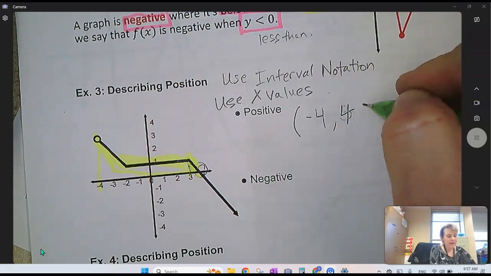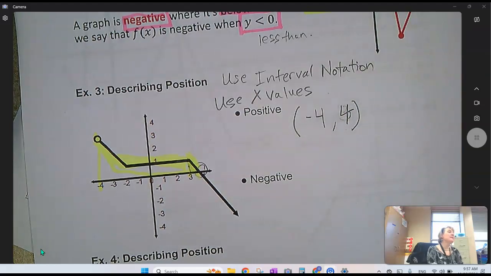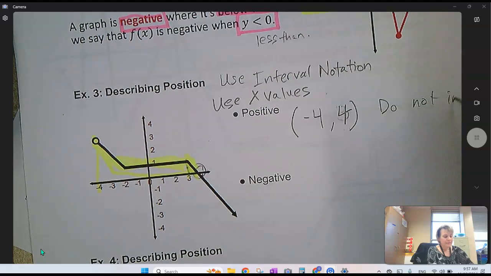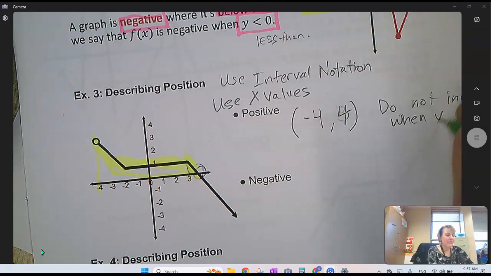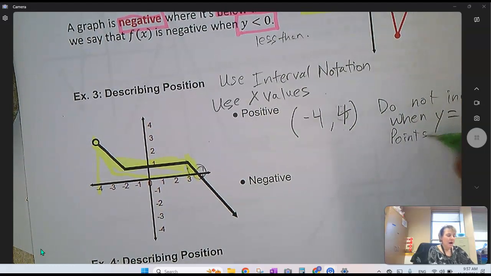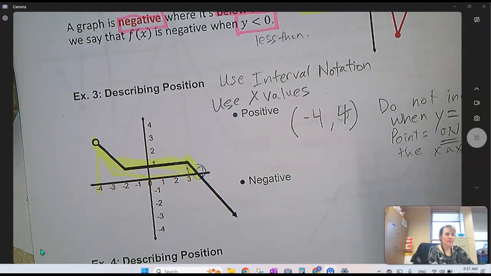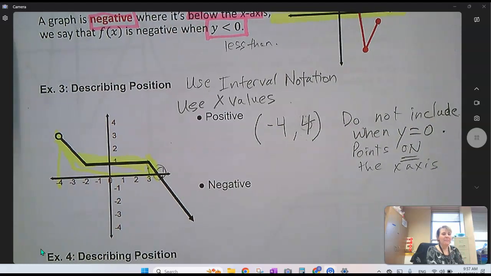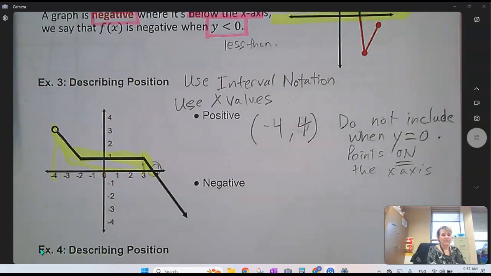Open because we do not include when y equals 0, points on the x-axis, because those points are not positive or negative.